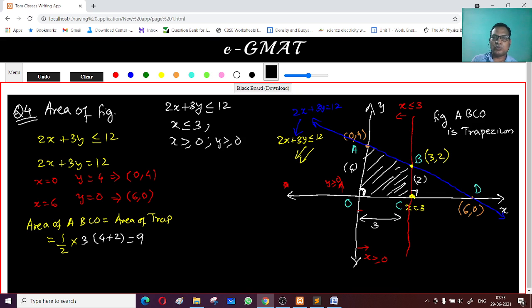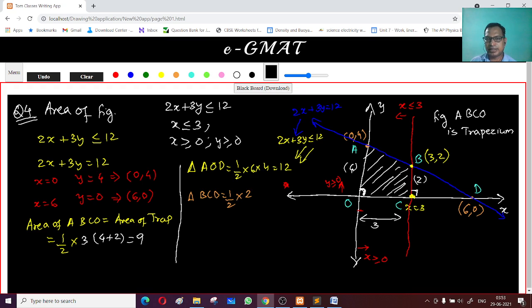Or else, you can work it out using the areas of triangles, right? The area of triangle AOD is half multiplied by 6 into 4, so that is 12. And the area of triangle BCD is half into 2 multiplied by 3, so this is 3.